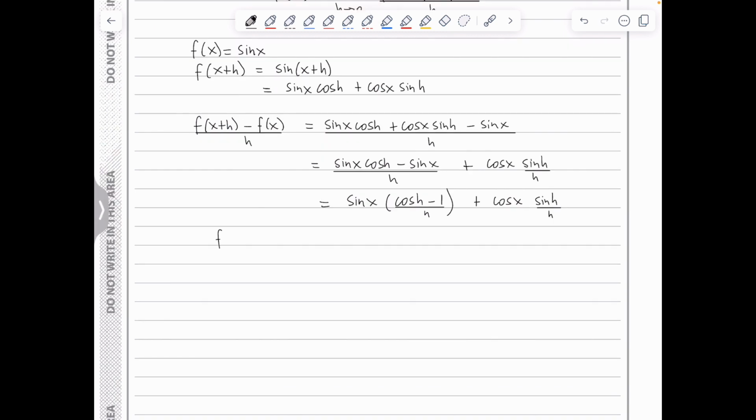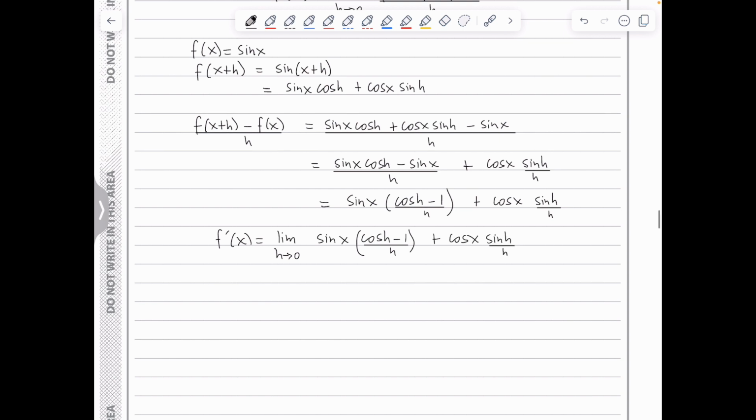So we have that f dash of x is the limit as h tends to 0 of sine x cos h minus 1 over h plus cos x sine of h over h.